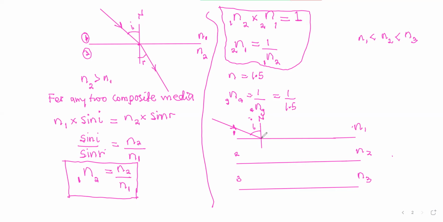So in this case, how will the light bend? Will it bend towards the normal or away from the normal? Kezia? Towards the normal, because the refractive index n2 is greater than n1. Thank you. So it will bend towards the normal and enter into medium 2.